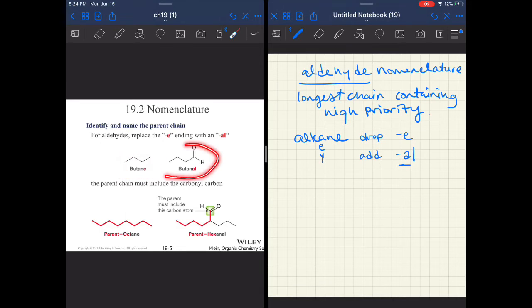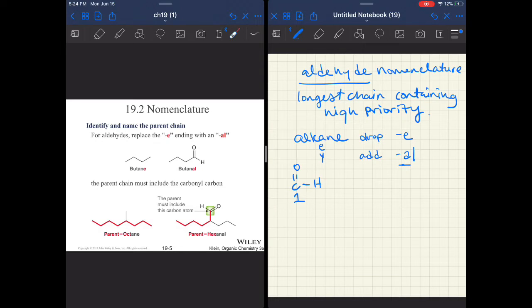Butane becomes butanal when you have an aldehyde. You notice you do not need to number it. An aldehyde is always going to be on the end, and then it will always be carbon 1. Whatever is giving you that high priority, the parent name, it takes the priority for numbering. So for aldehydes, it would be number 1.